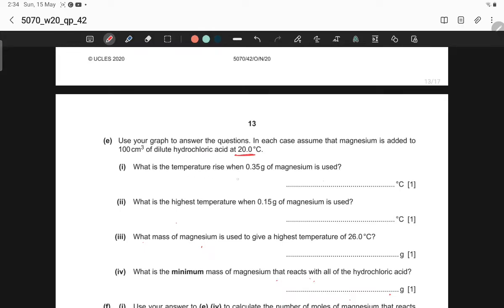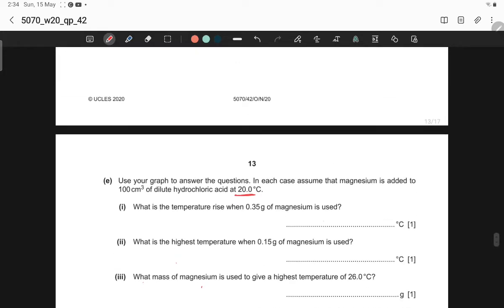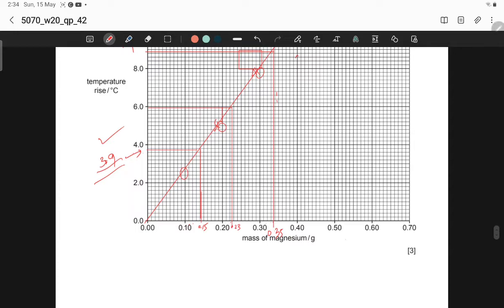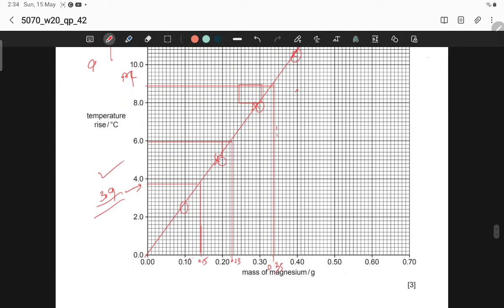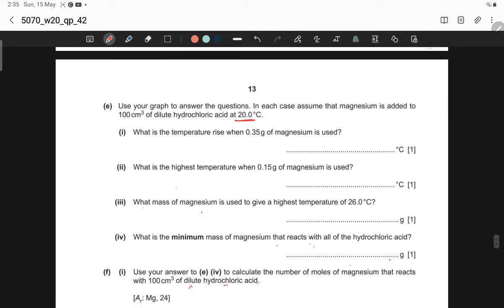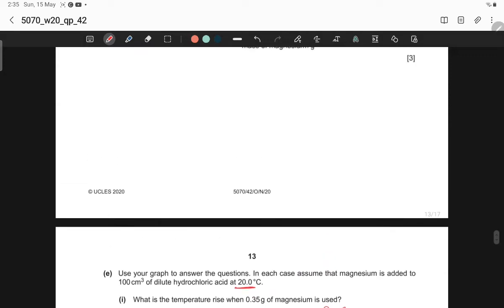What is the temperature rise when 0.35 gram of magnesium is added? For 0.35 gram, this is almost 9, or 9.2. What is the highest temperature when 0.15 gram of magnesium is added?